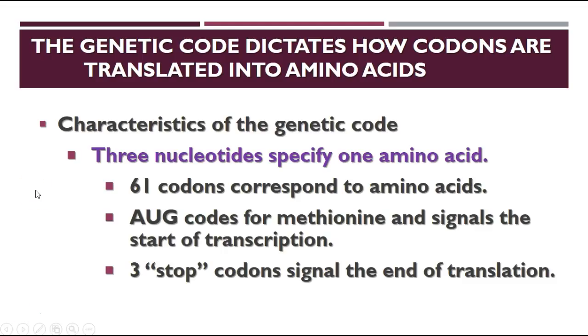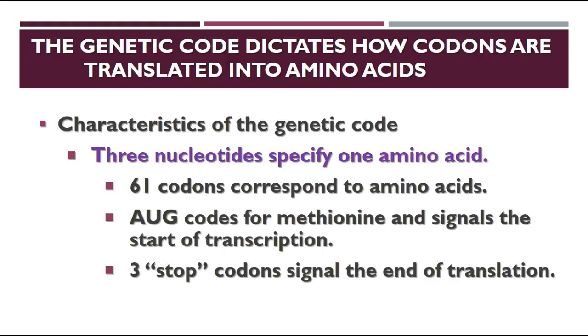So the way this works, there are 3 nucleotides that code for one amino acid. Since there are 4 letters and they're grouped into groups of 3, that means there are a total of 64 possible codon combinations. 61 of those correspond to amino acids, and 3 of them are what we call stop codons.